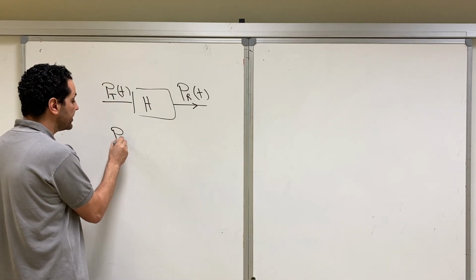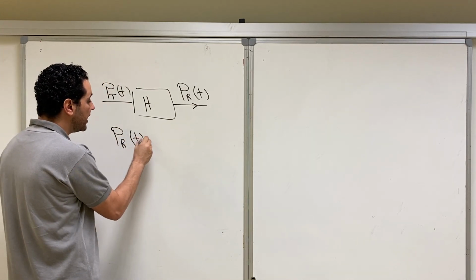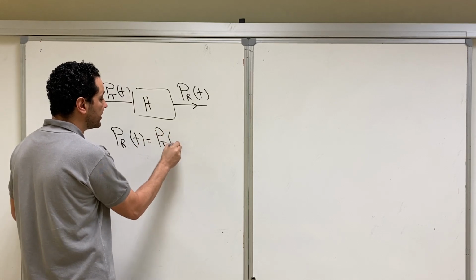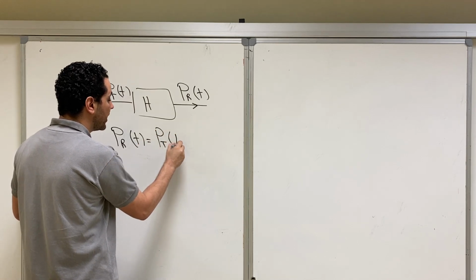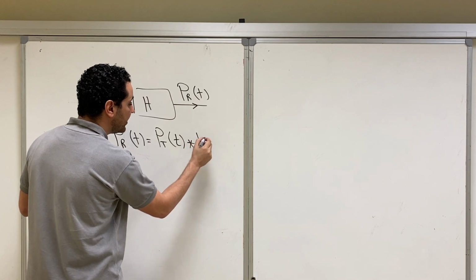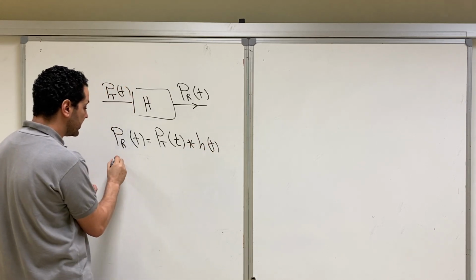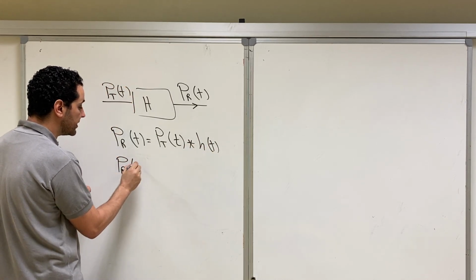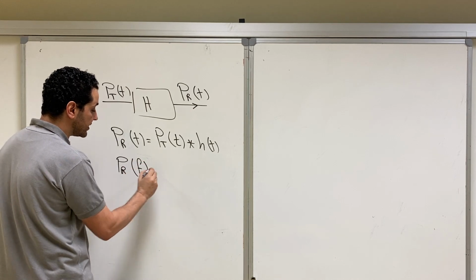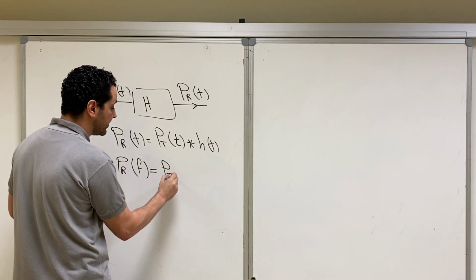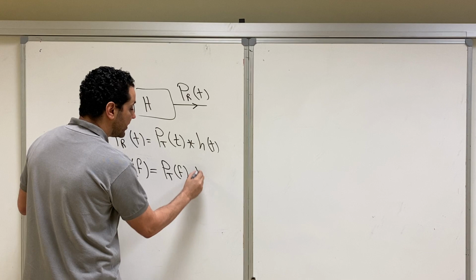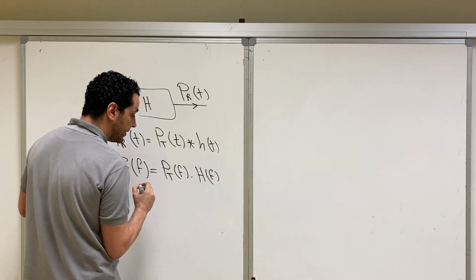So you can say that the pulses received at the receiver equal the pulses transmitted at the transmitter convolved with the channel, or in the frequency domain, the pulses received at the receiver equal the pulses transmitted multiplied by H of f, right?